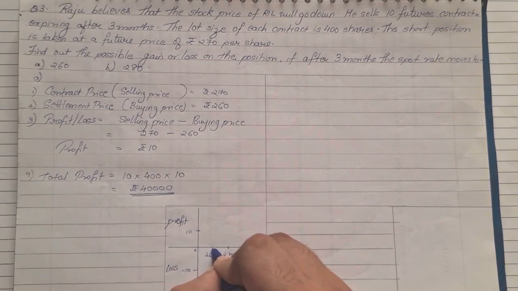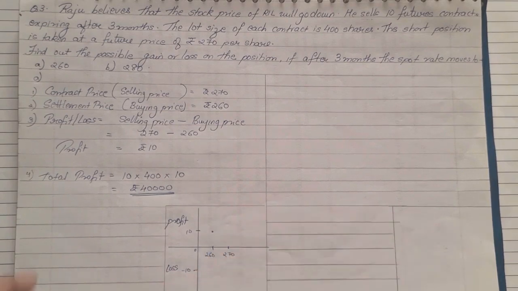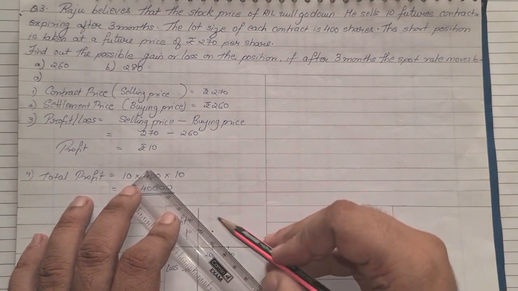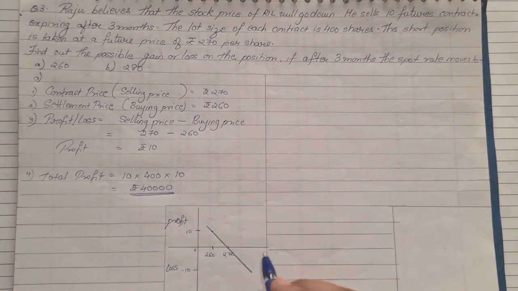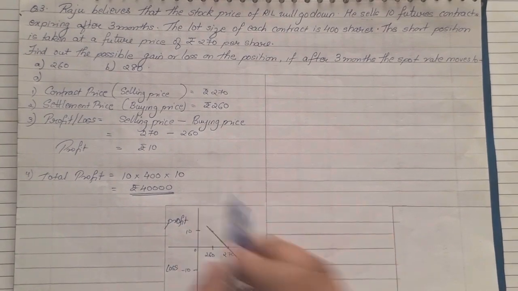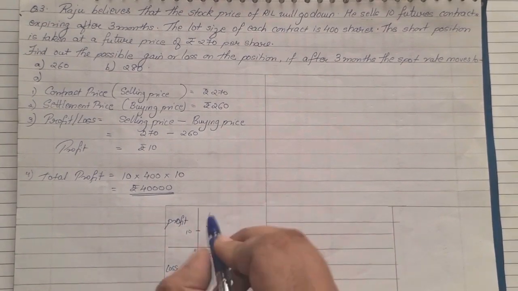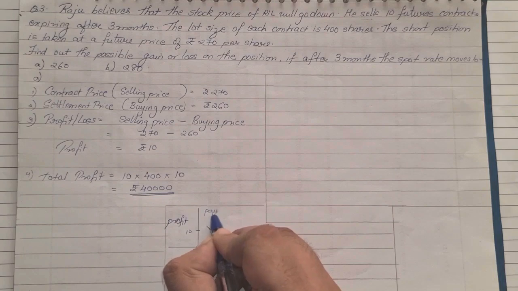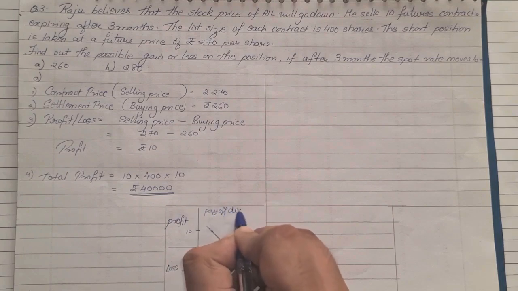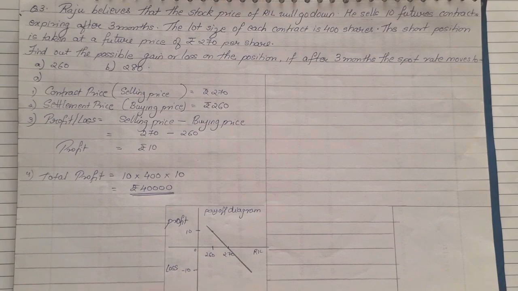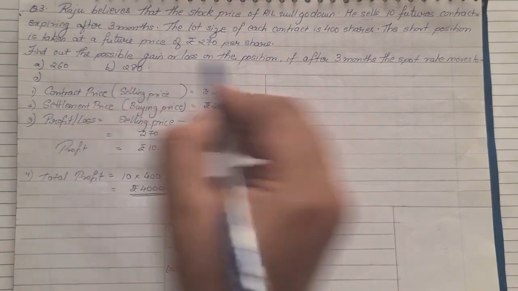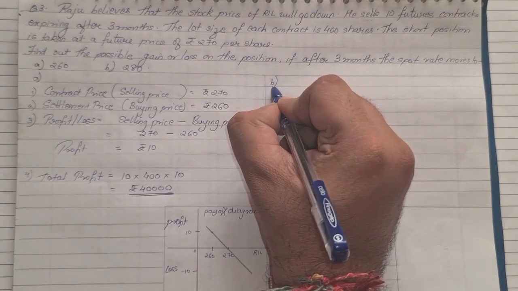On my settlement we made a profit of 10, so we marked it. From that point we will be drawing a curve passing through the contract price, and that will be our payoff diagram. This is Reliance ka future, so Reliance, okay, and this is my payoff diagram. Okay, very simple.